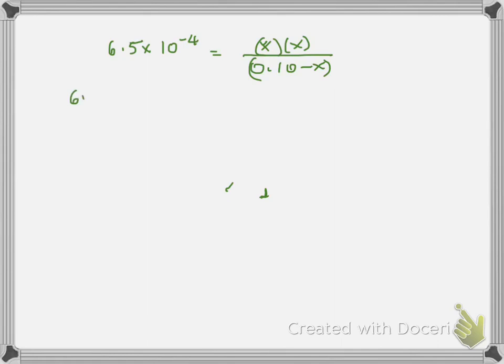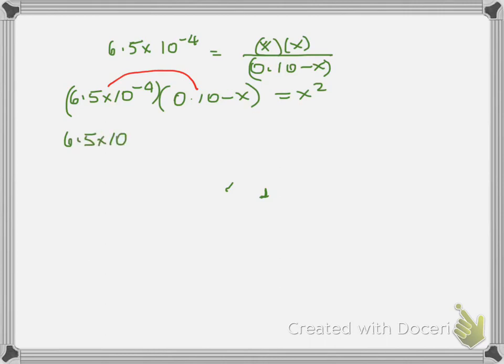Multiplying that out, we get 6.5 times 10 to the negative 4 times 0.10 minus x equals x squared. So now we have to distribute, which gives us 6.5 times 10 to the negative 5, and then minus 6.5 times 10 to the negative 4 times x is equal to x squared.